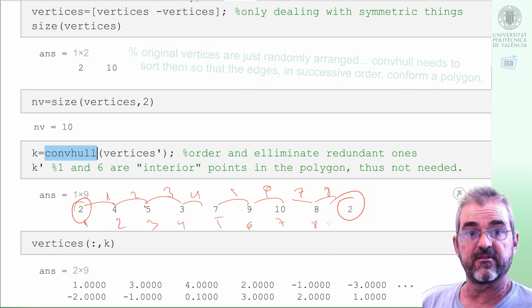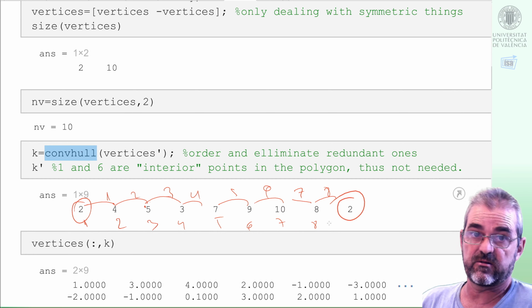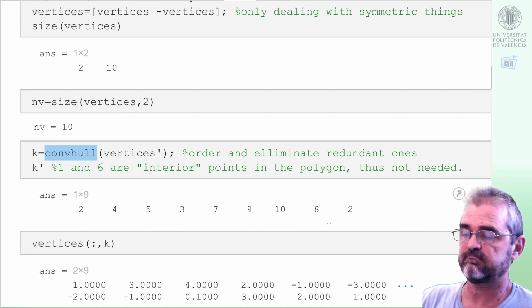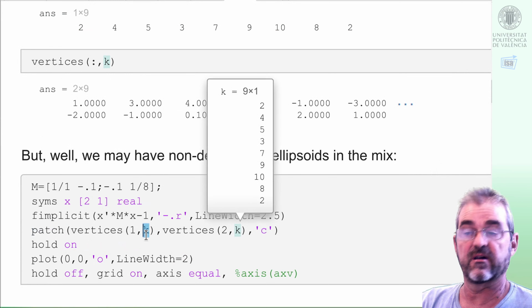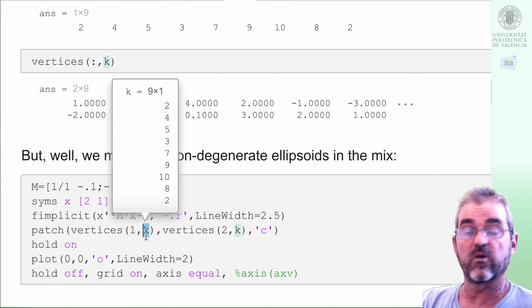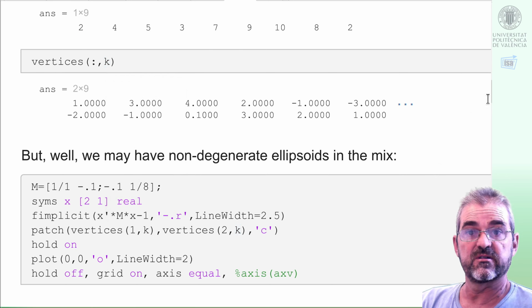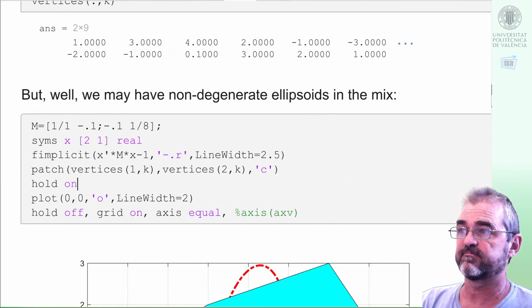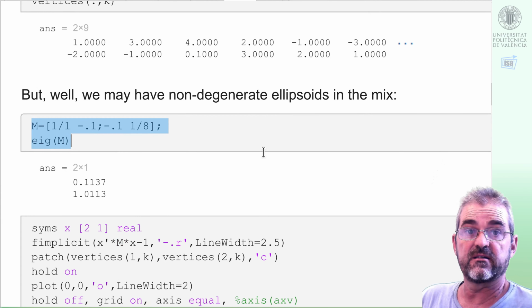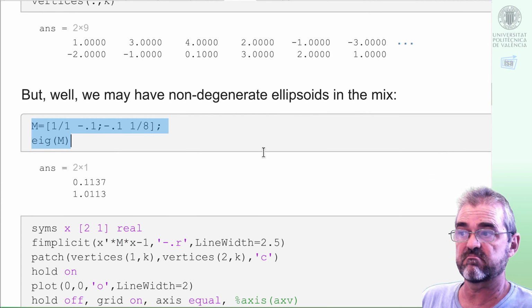So my vertices here define an irregular octagon. With a patch command using only the vertices that the output of the convex hull command tells me are on the edge, it will plot this cyan polygon, and I will define a positive definite matrix M, just invented.